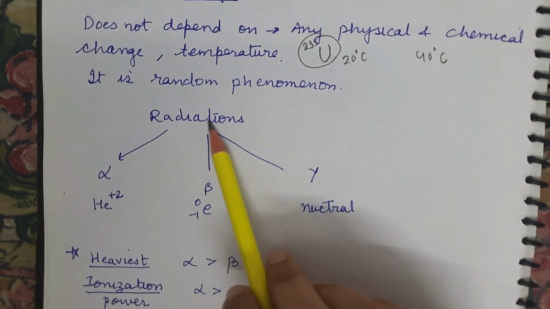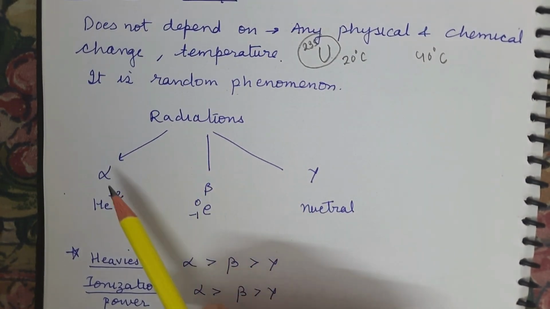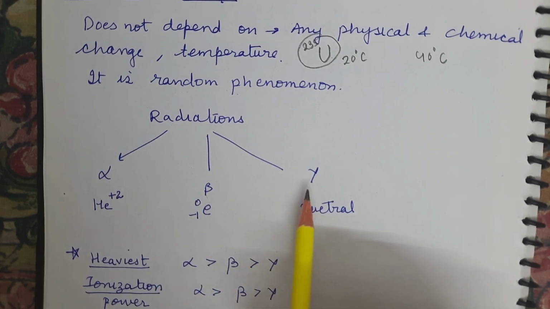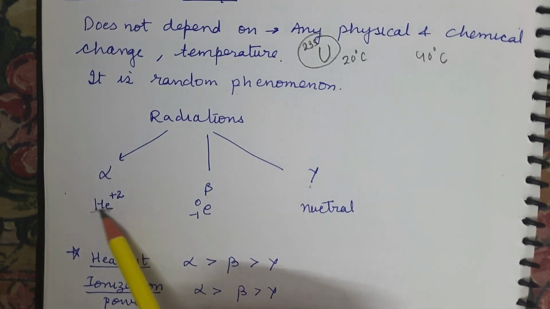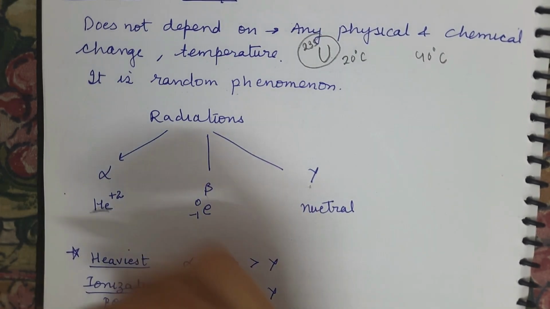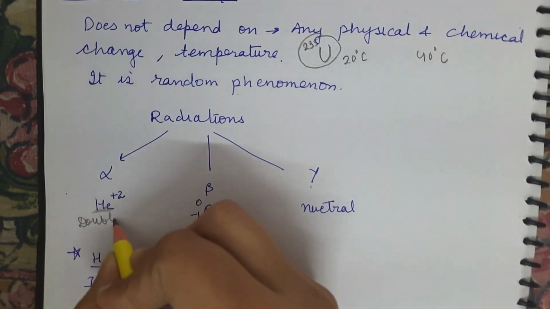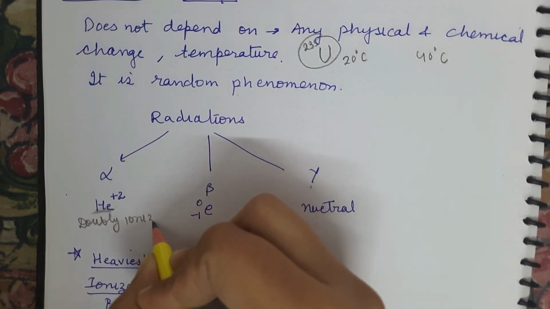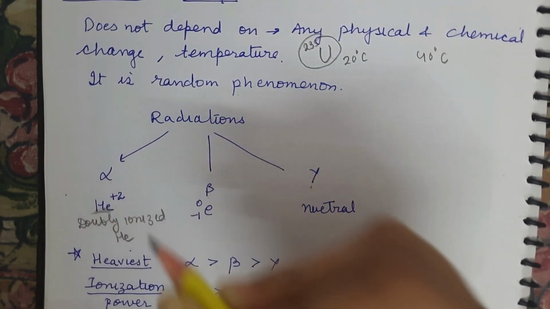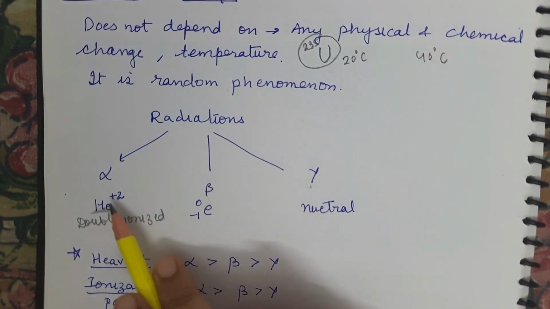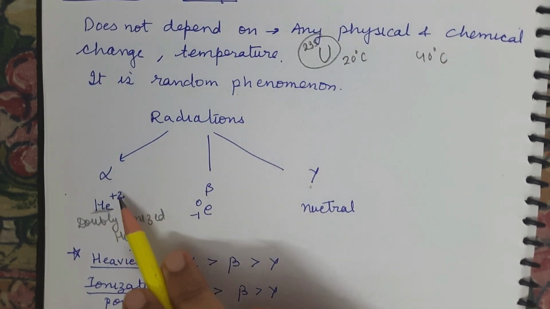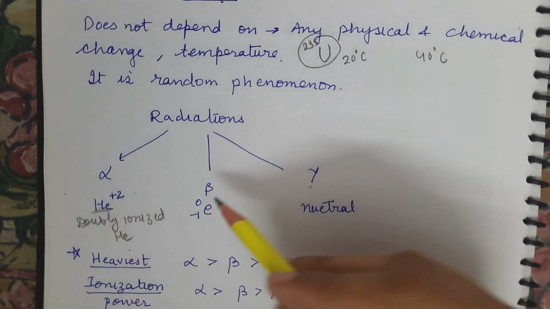When it is going to break down, it is going to emit spontaneous emissions. And the radiations are of three types here: alpha, beta and gamma, where alpha is actually doubly ionized helium. Doubly ionized helium means, you can see on helium we have this +2 charge, that is why it is doubly ionized.